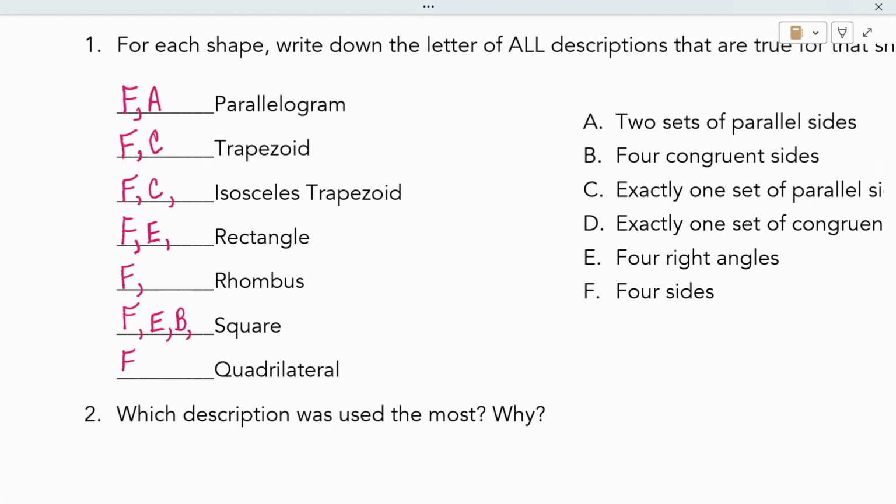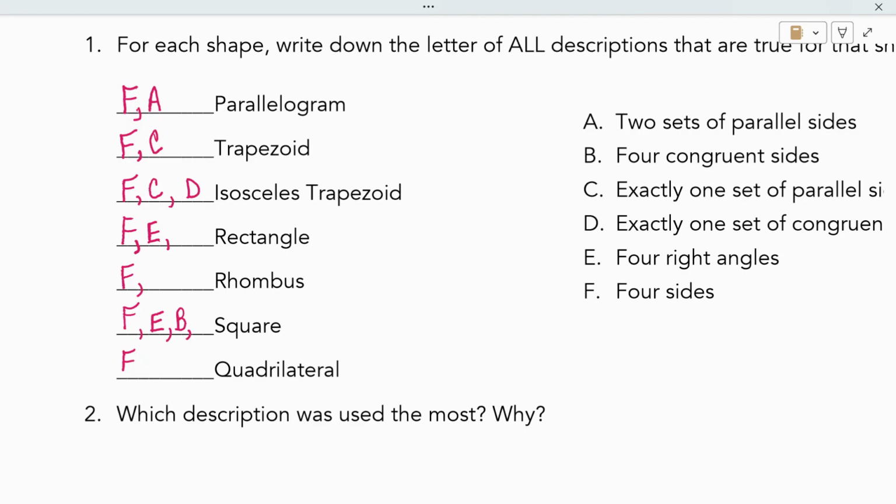What is it missing? What gave it the name isosceles? Just like an isosceles triangle, an isosceles trapezoid has 1 set of congruent sides.